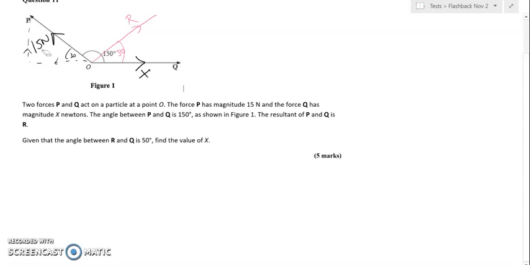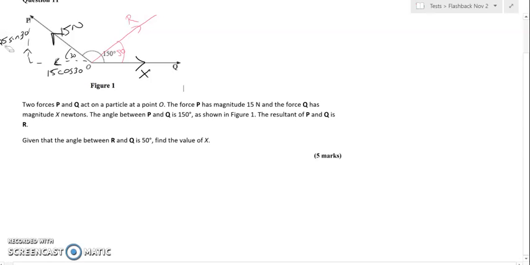I'm going to move the 15 because it's getting in my way. So the horizontal component here is going to be 15 cos 30 because it's next to the angle. And the one that's opposite the angle, that's going to be 15 sine 30.